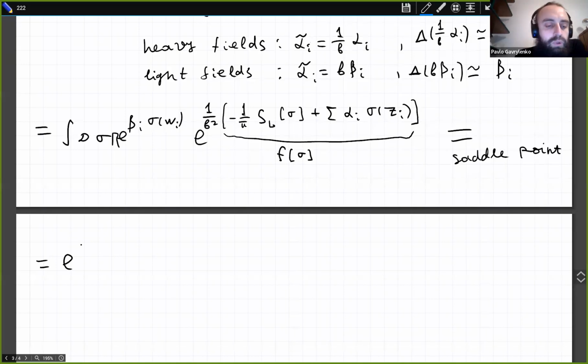It will equal to f of sigma classical over B squared. So it's some number which on the sigma classical depends on alpha 1 and depends on all these alphas.